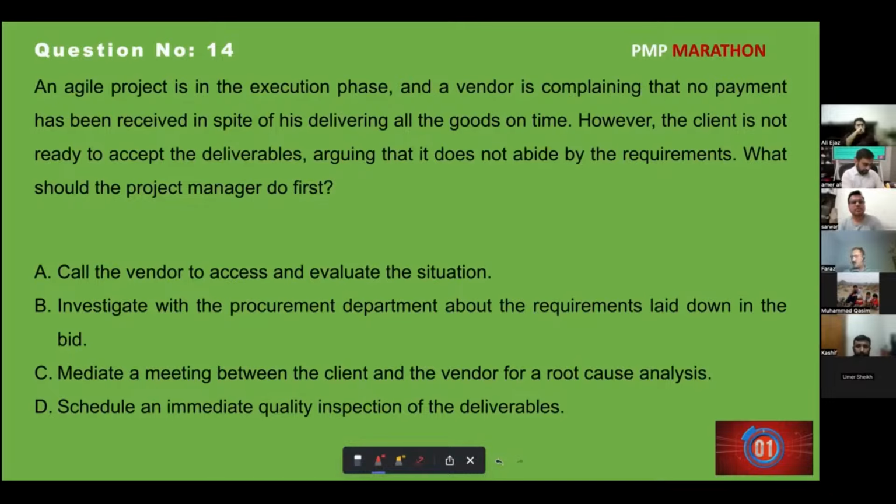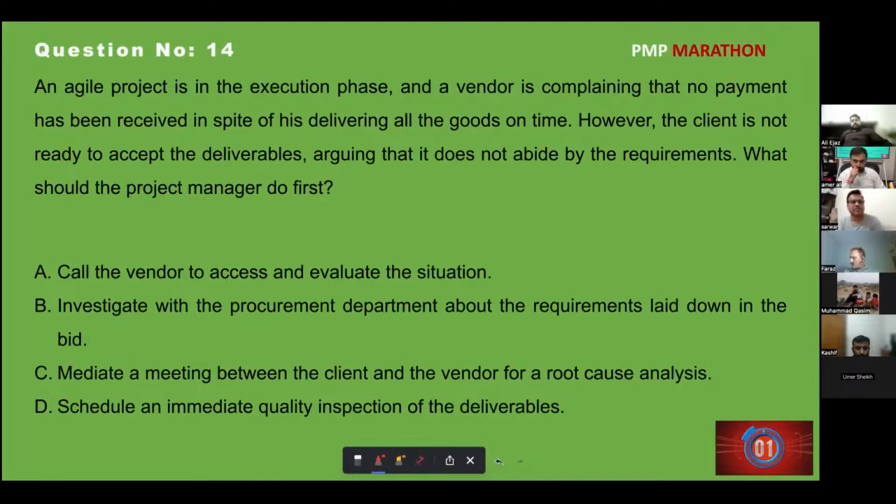What should the project manager do first? An agile project is in execution phase, and a vendor is complaining that no payment has been received in spite of his delivering all the goods on time. However, the client is not ready to accept the deliverables, arguing that they do not abide by the requirements. I will go by the elimination technique.